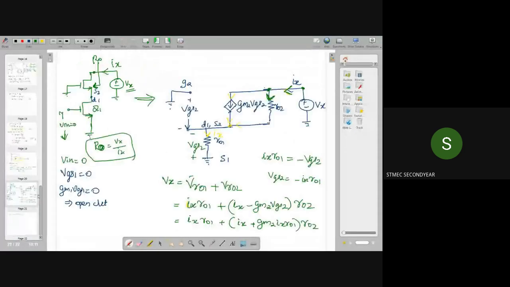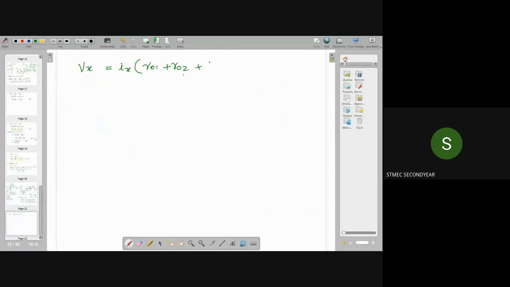And in the third term, if I take Ix outside, here it is Gm2 into R01 into R02, right? So this will be Gm2 into R01 into R02.